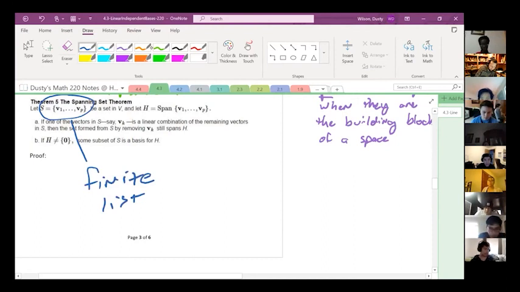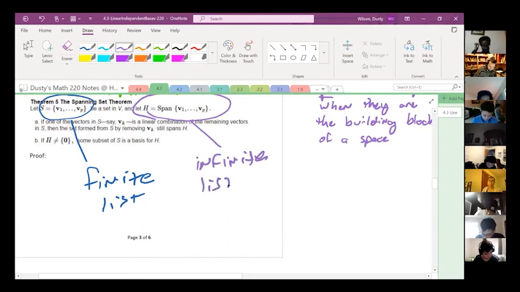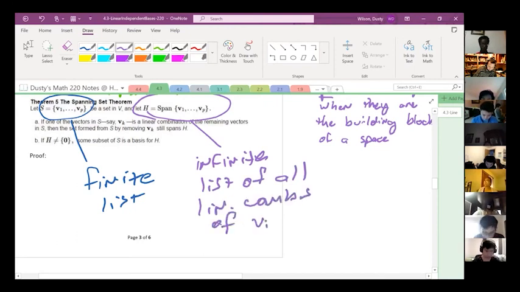And then the H, this is an infinite list, assuming that some of the vectors are non-zero, of all linear combinations. So that's what those two sets are.